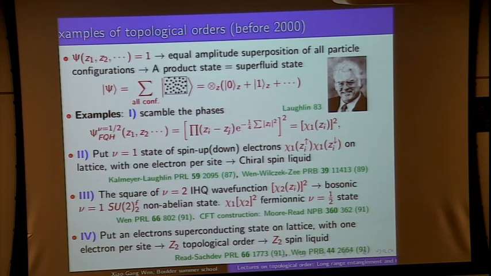Then on the lattice you can say one particle per site, or maybe not one particle per site, but one or zero particles per site. Then you can get a lattice theory. Oh no, the lattice theory is also non-abelian.